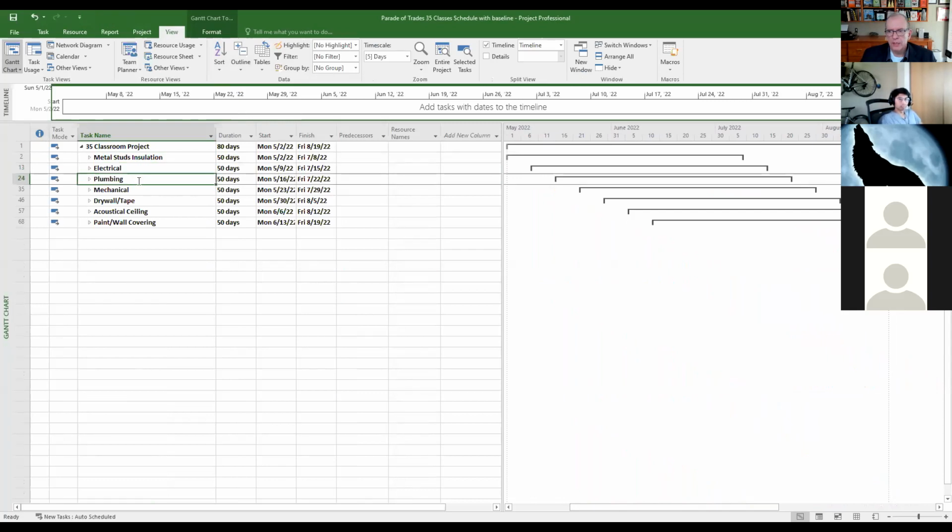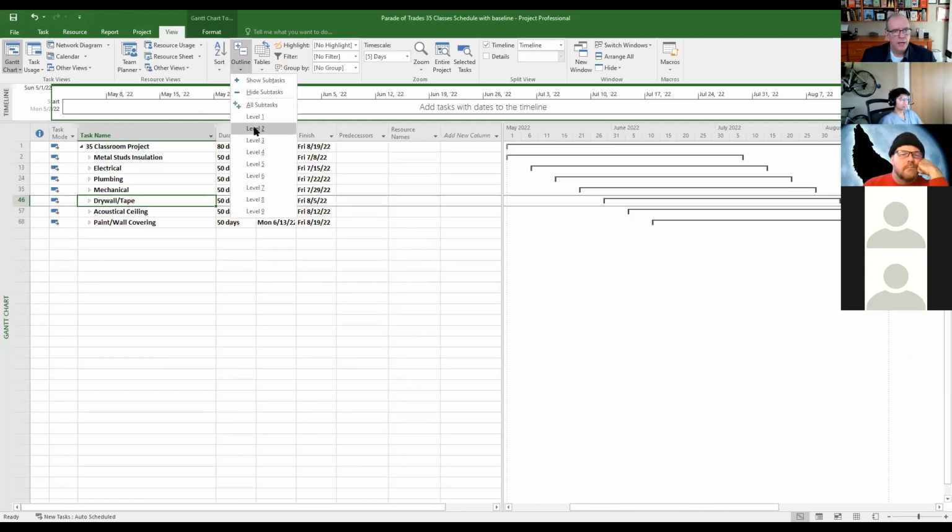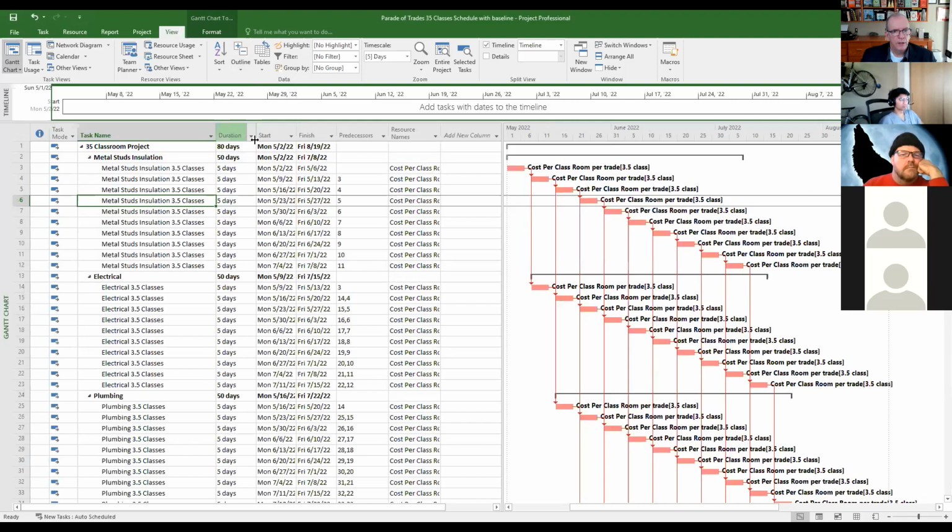You guys can see that okay? Right? So each trade is doing this section of work. And if I open that up, this is going to look something like this, the way that we've done it.